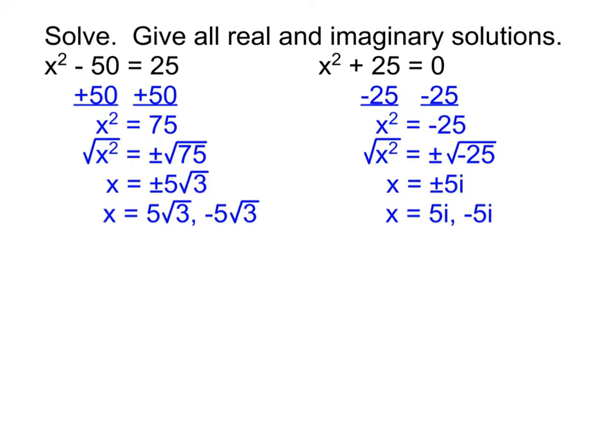And you'll notice in this case that we're told specifically in our instructions up here to give all real and imaginary solutions. If we aren't told to do that specifically, like when you still just see a general question that just says solve, then you would tend to assume that we only need to stick with real solutions. So unless we're told that we do need to include the imaginary solutions, you wouldn't actually go into the imaginary numbers here.